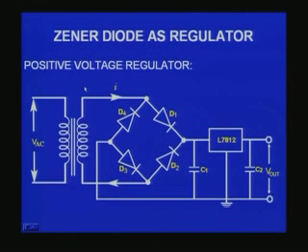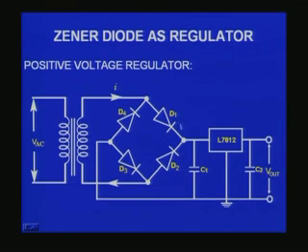Now I have also shown you here how we can use a 3-terminal integrated circuit regulator, which is now very popular, and you can quickly make a regulated power supply in the lab. We have already seen how you can make an unregulated power supply of any value. For example, you use a step down transformer, which will give an output voltage of around 20 volts or 12 volts as the case may be.